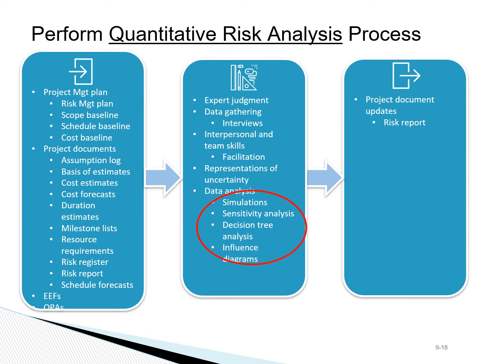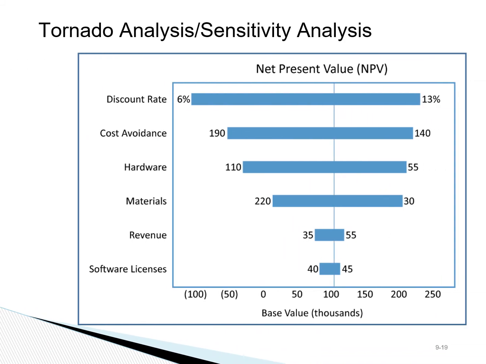There are a number of ways that we can assess risk quantitatively. Let's look at a couple of these methods: sensitivity analysis or tornado diagram, and decision tree analysis. Tornado analysis or sensitivity analysis shows the sensitivity of a particular outcome of a project.